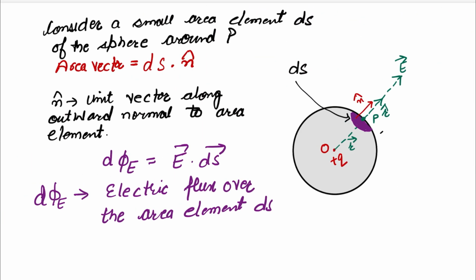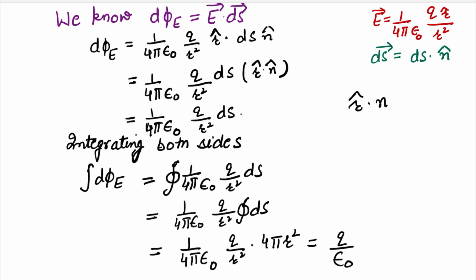It is clear from the figure that r cap is outward and similarly n cap is outward. So these two vectors r cap and n cap are parallel to each other, and when two parallel vectors are unit vectors, their magnitude is 1, so their dot product will be equal to 1 only.